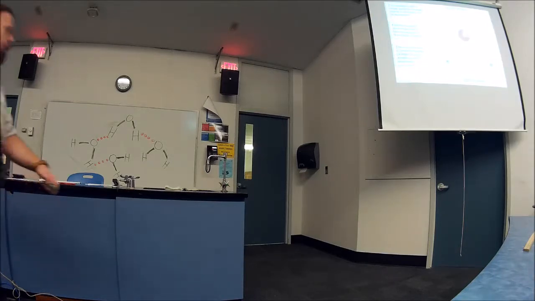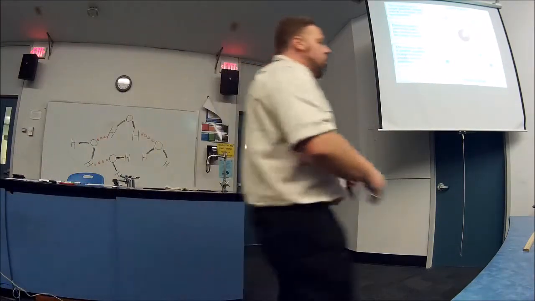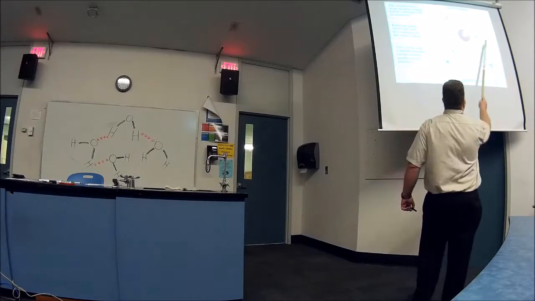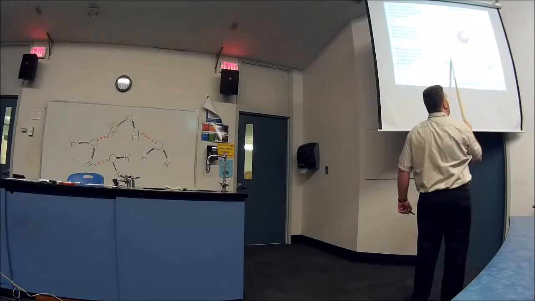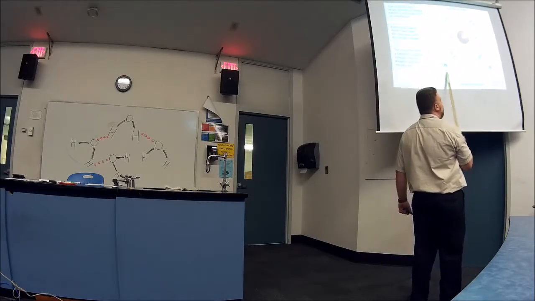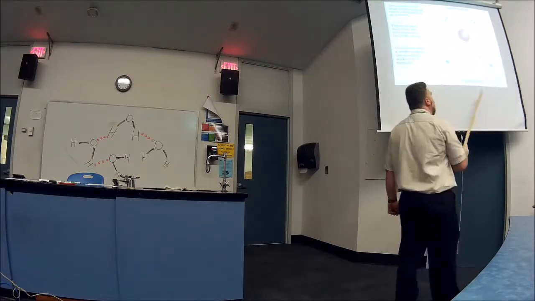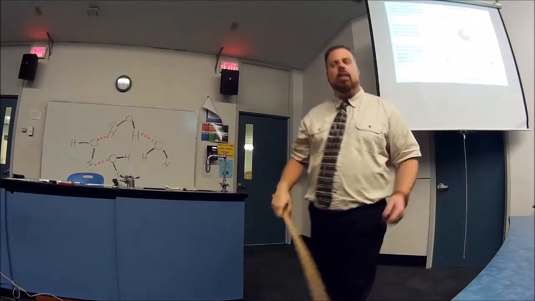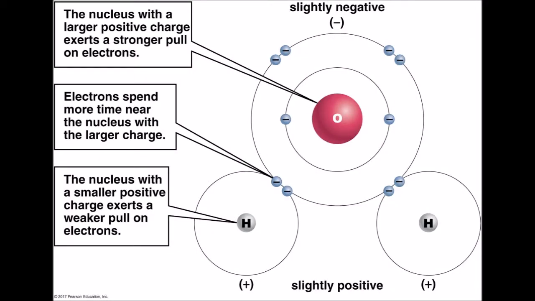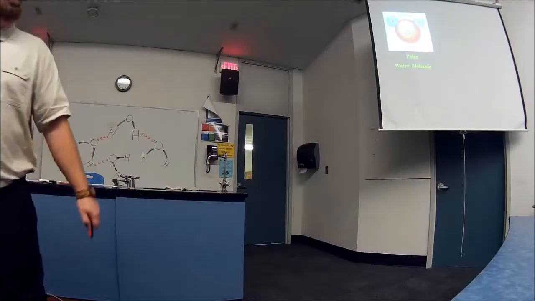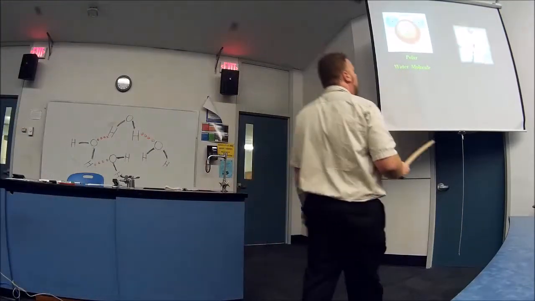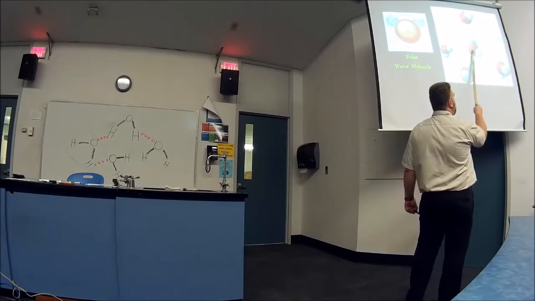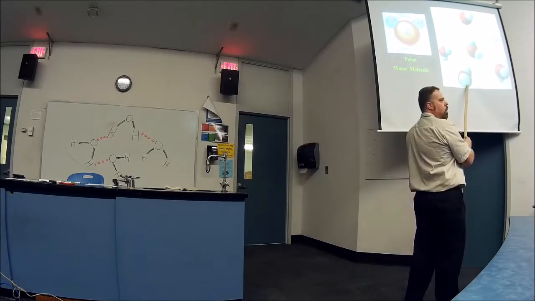All right, so again, what's happening up here? Here's the oxygen. You have a sharing of electrons here with the hydrogen. You're sharing electrons over here. This is going to be slightly positive over here, slightly negative. That's electronegativity. It makes for a polar water molecule. But like I said, there's a molecule of water, there's another molecule of water.